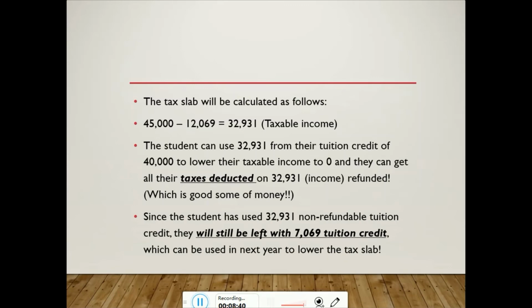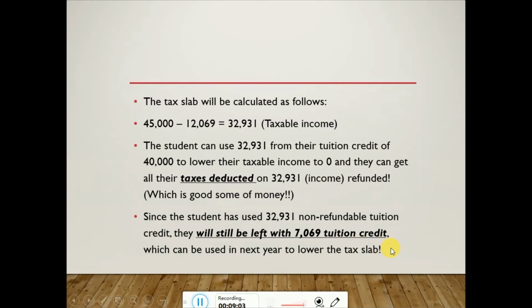And since the student has used 32,931 non-refundable tuition credit, they will still be left with 7,069 tuition credit because they had 40,000 tuition credits and they only used 32,000. So when they file for next year, they'll still have 7,069 tuition credit available.